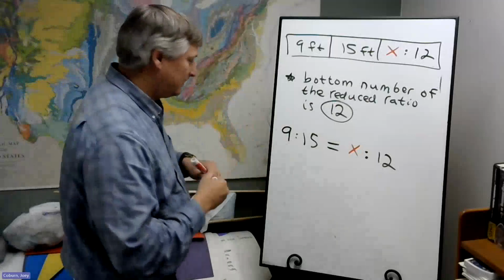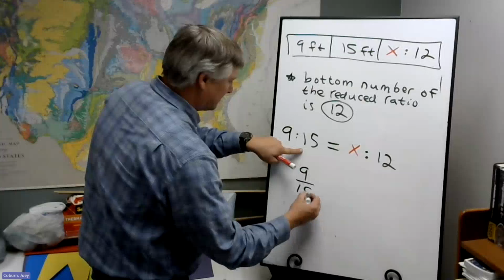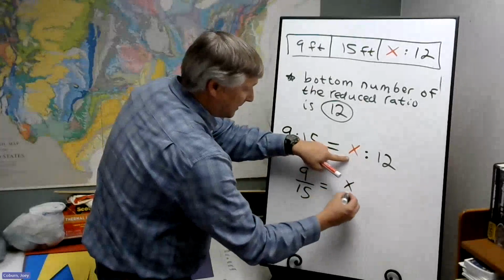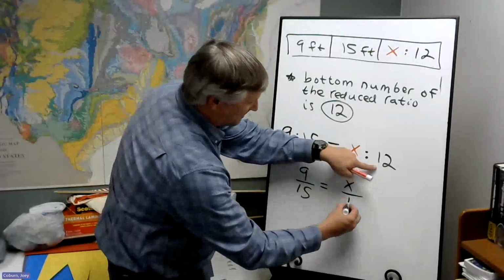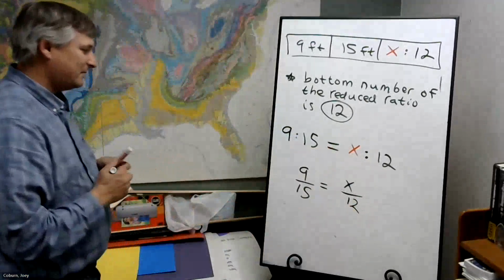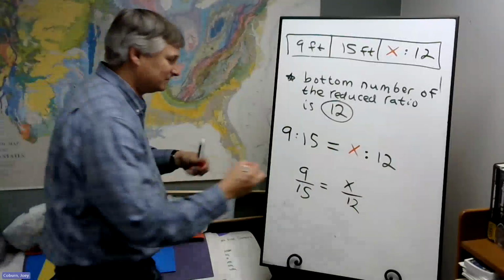So we set them up. Again, top number, bottom number, top number, and it is a number, it's just an unknown number, bottom number. And then we solve for x using cross multiplication.